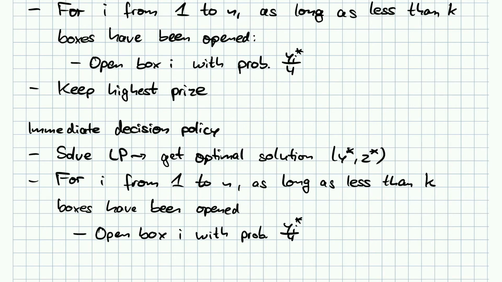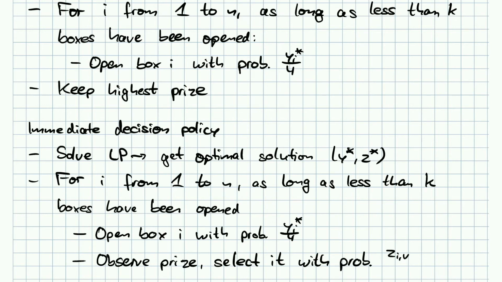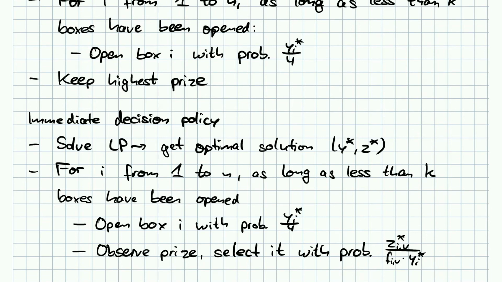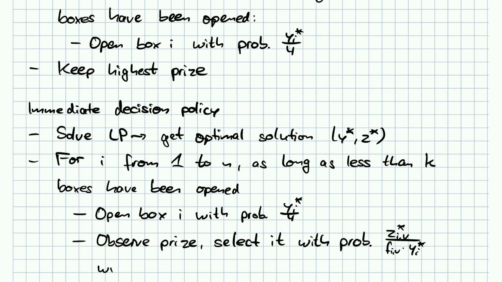But what we now do is we observe the price and we select this price with probability z_{i,v} star divided by p_{i,v} times y_i star. This will make sense in a bit. And then we just select it with this probability without looking actually at any further boxes.